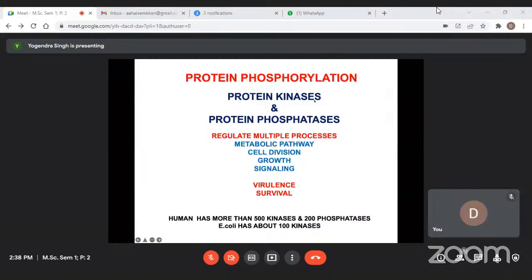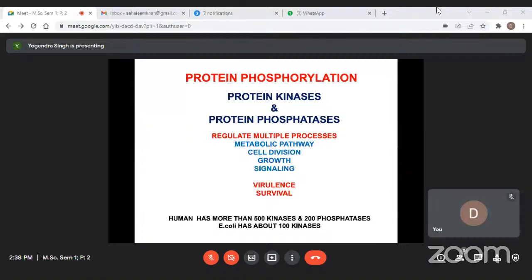As I mentioned in the beginning, adding a phosphate group, which has negative charge, causes small structure changes that allow the protein to change its structure, and their interaction and activity can change. That is how they regulate multiple processes: metabolic pathways, cell division, growth, signaling, and they can even regulate virulence or survival in bacteria.